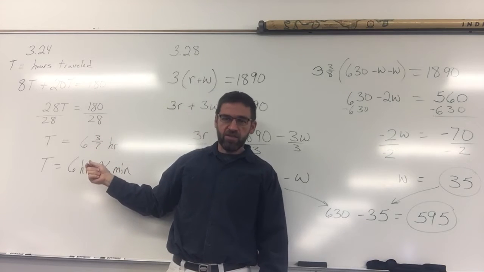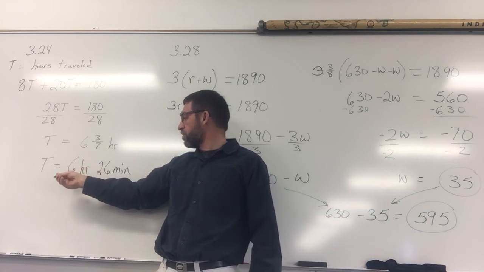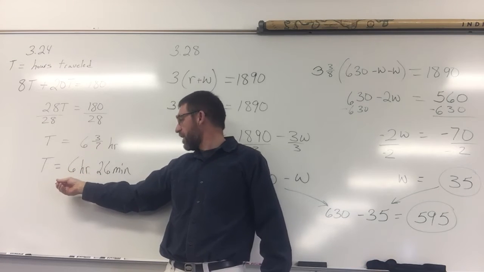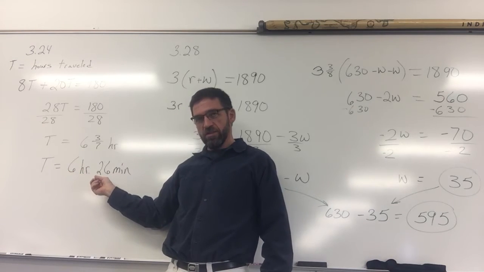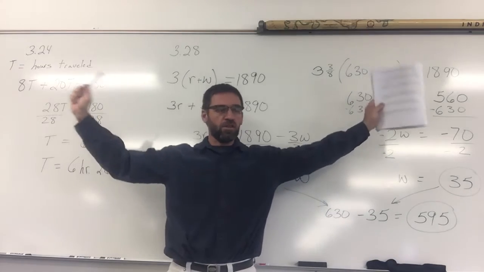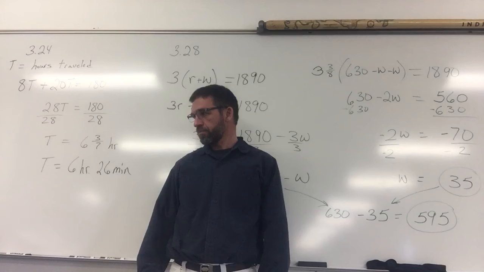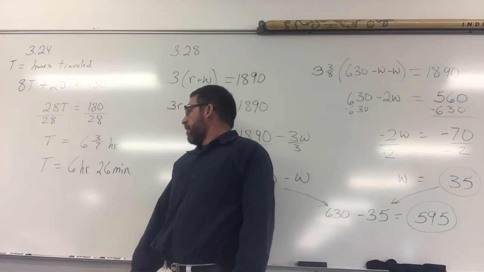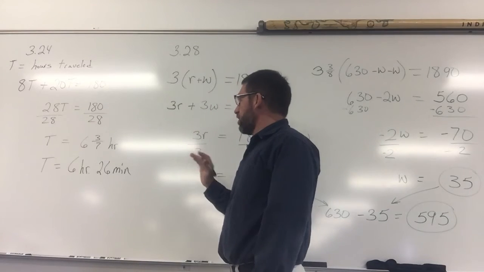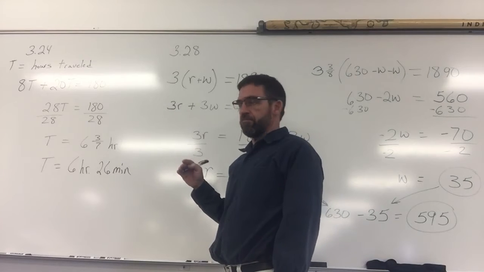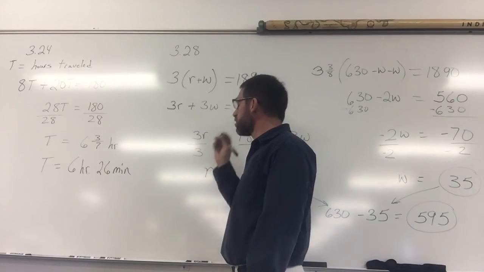If you wrote the answer in hours and minutes, you should have come up with 6 hours and 26 minutes. It took 6 hours and 26 minutes for the two to be 180 kilometers apart. Yeah, that one was relatively easy. You were just finding the distance.